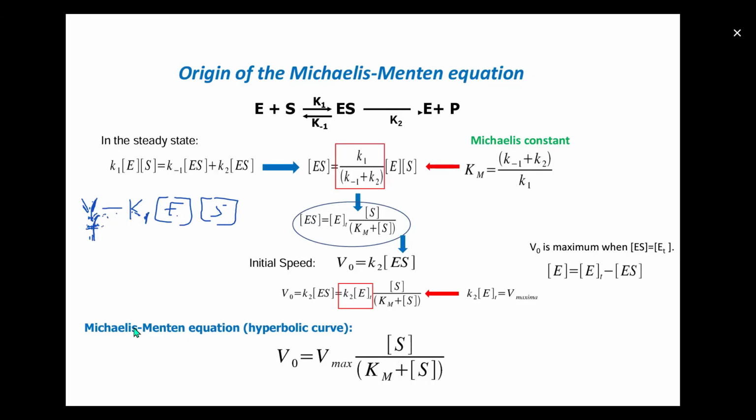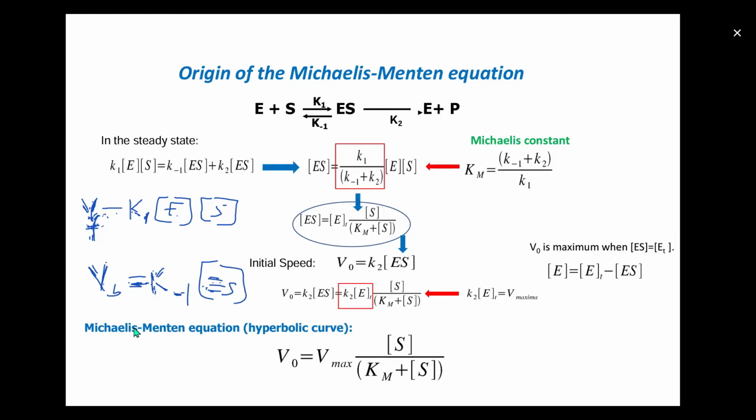And then for the backward reaction, which is VB, the rate of the reaction is going to be minus K1 times the enzyme substrate complex.